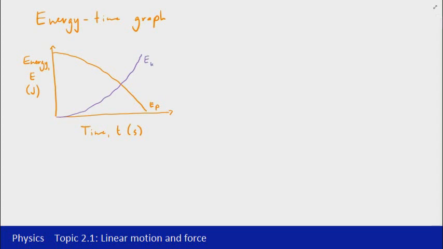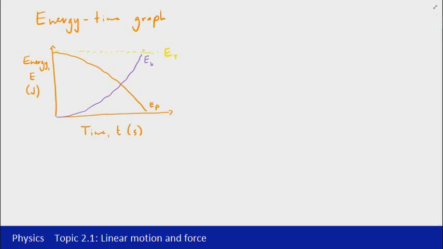And we know then that if we were to consider the total energy over time, it would be represented by that dashed yellow line. We know that that total energy is going to be the sum of the kinetic energy and the potential energy.